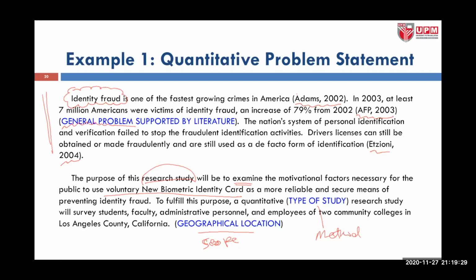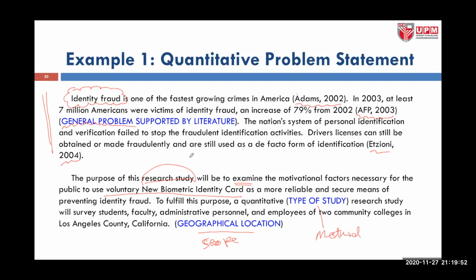So basically, these 2 paragraphs are enough to say that this is the problem statement. What problem is it? The general problem is about identity fraud and how it is being done. Basically, you want to propose a new biometric identity card.